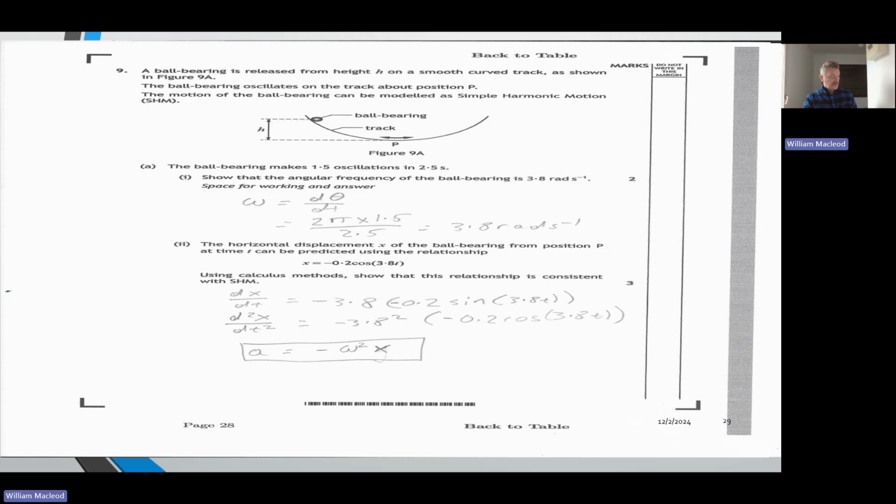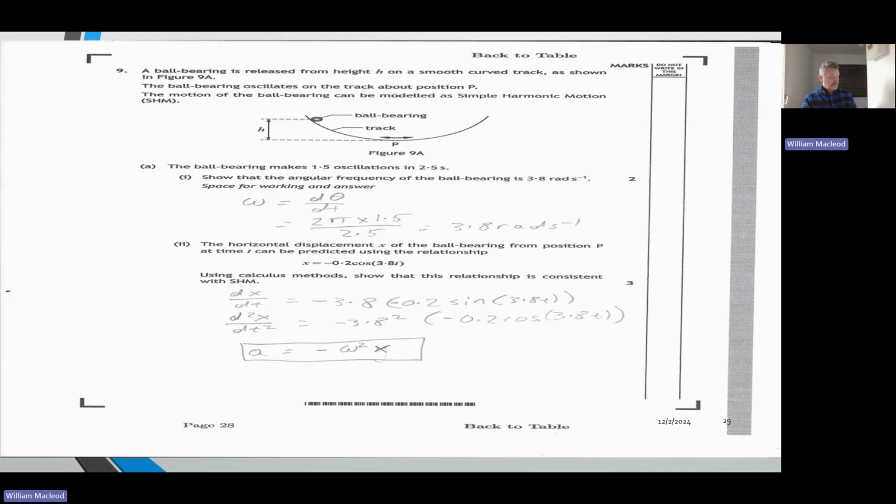Right, the next question, it says the horizontal displacement x of the ball bearing from position P at a time t can be predicted using that relationship there. Using calculus methods, show that this relationship is consistent with simple harmonic motion. Well, we do dx over dt, so we differentiate it, and we end up getting minus 3.8, times in the brackets minus 0.2 sine 3.8t. Okay, then if you differentiate it again, you'll end up getting acceleration.